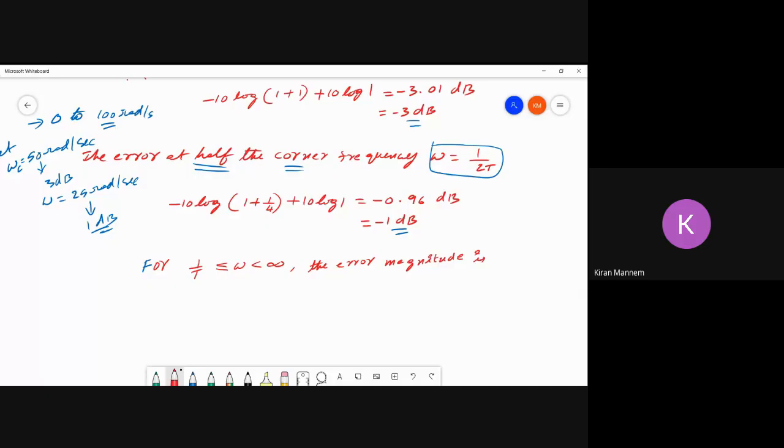It is the original value minus the approximated value. So what's the original value? It is minus 10 log 1 plus omega square t square. This is your original value minus, what's the approximate value for this period? It is minus 20 log omega t, right? So calculate the error at corner frequency for this range.